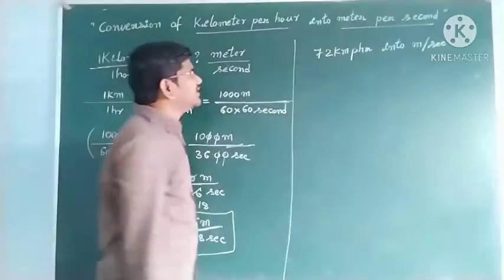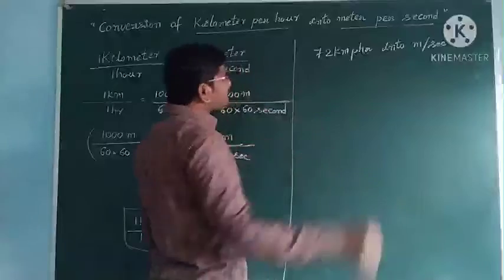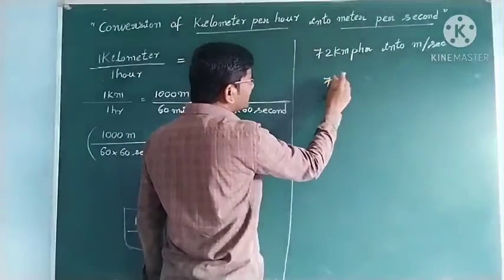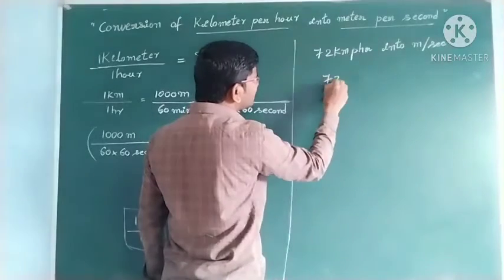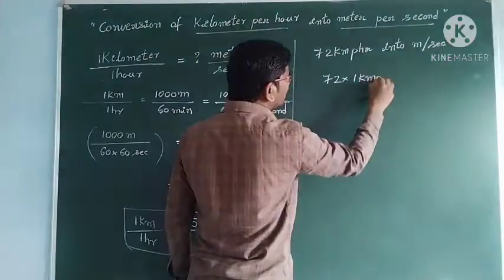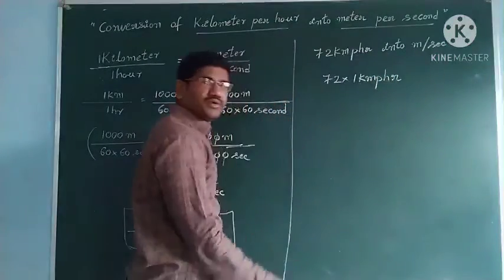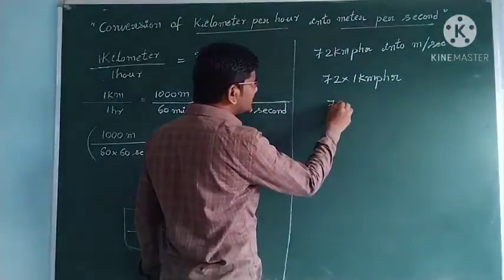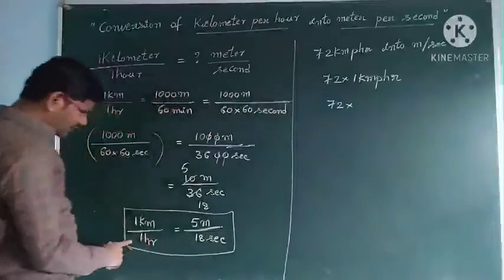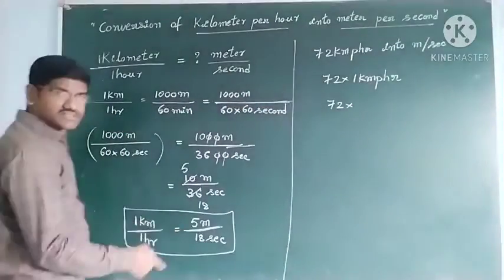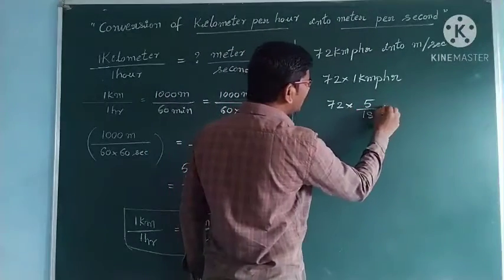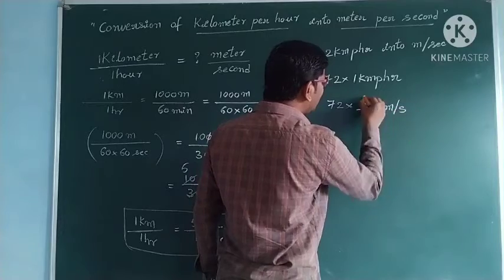Okay students, then you write it 72 into 1 kilometer per hour. Then 72 into 1 kilometer per hour is, so 1 kilometer per hour is 5 by 18 meters per second. So right here 5 by 18 meters per second.